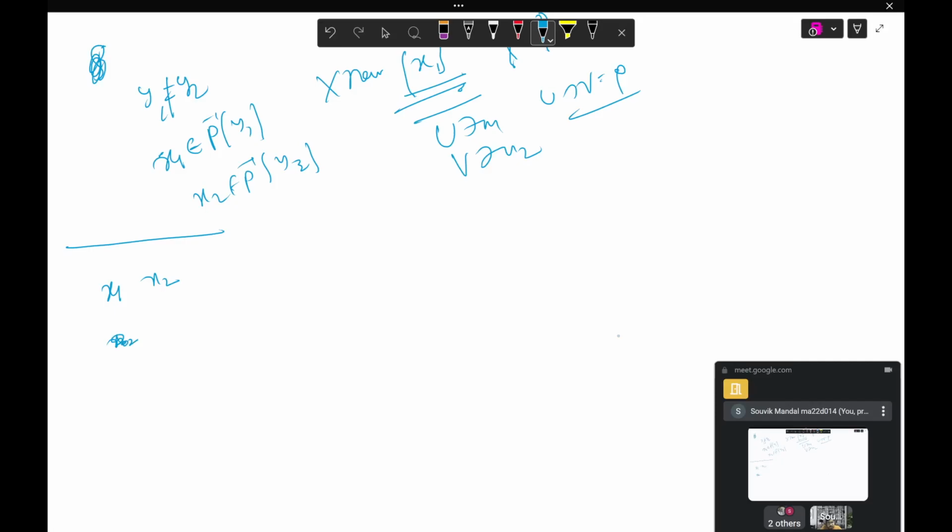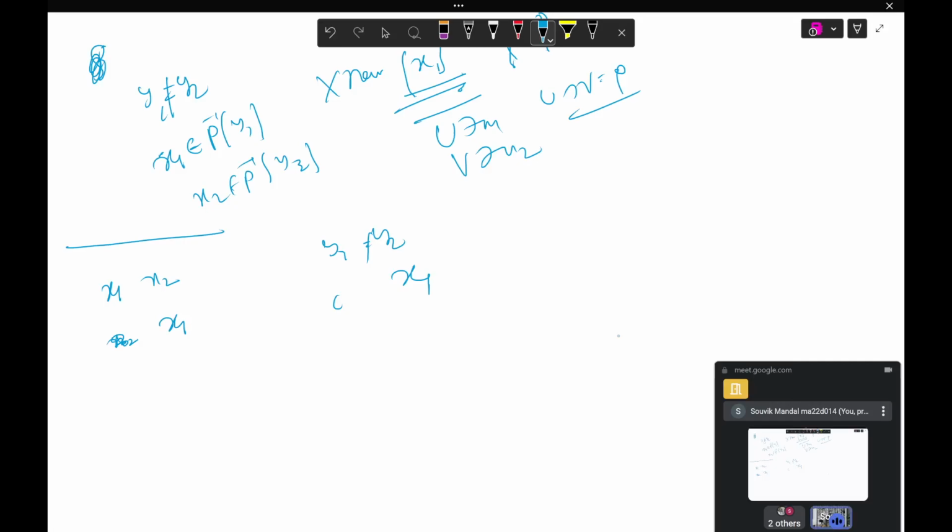In the beginning we assumed that y1 and y2 are distinct elements of Y, and the map is surjective. So the inverse image of y1 is equal to x1, and y2's is not equal to x1.